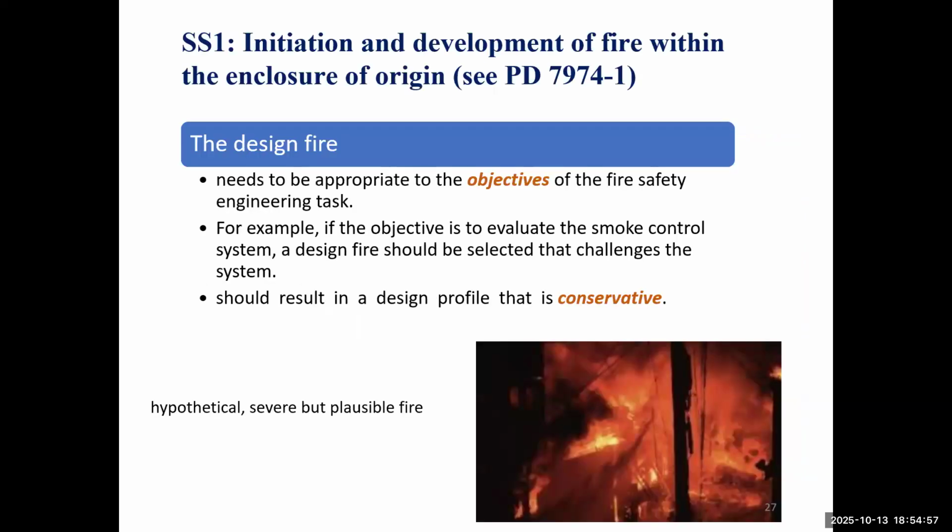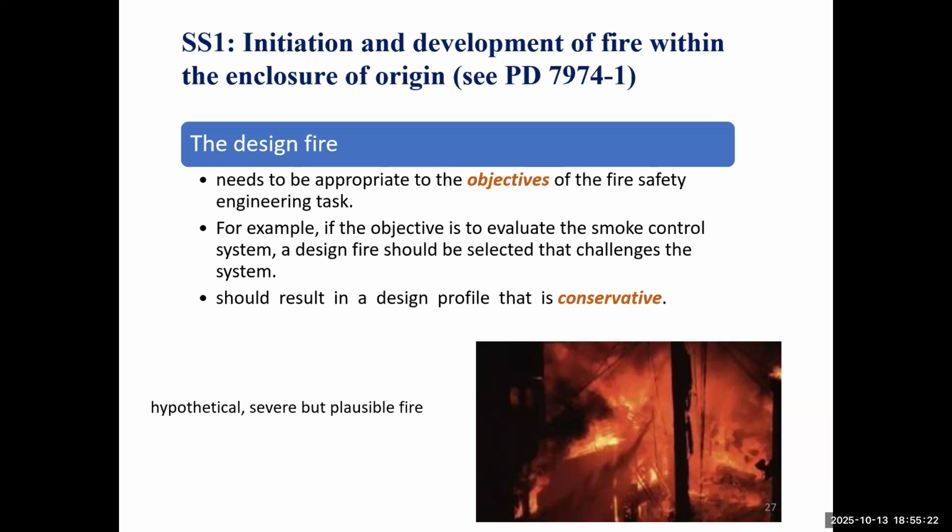So the design fire, as we mentioned, is the cornerstone for the analysis. It must be appropriate to the objectives. For example, if we are designing a smoke extraction system, we need a design fire that will produce enough smoke to challenge that system.